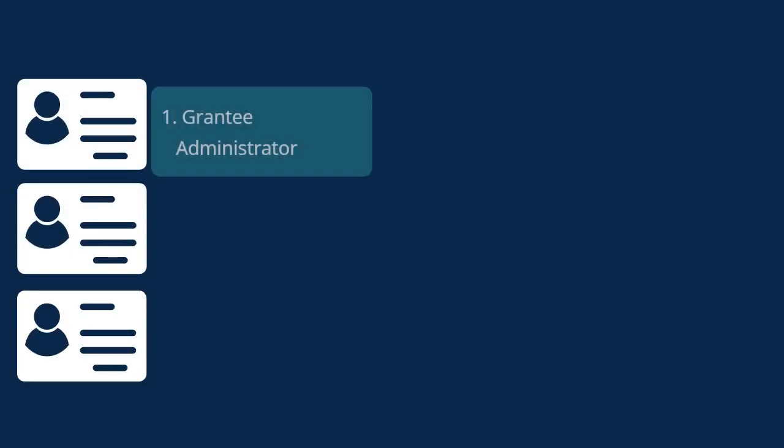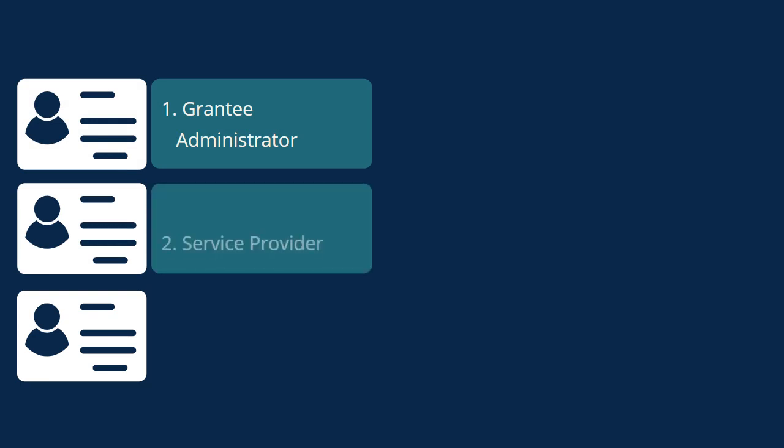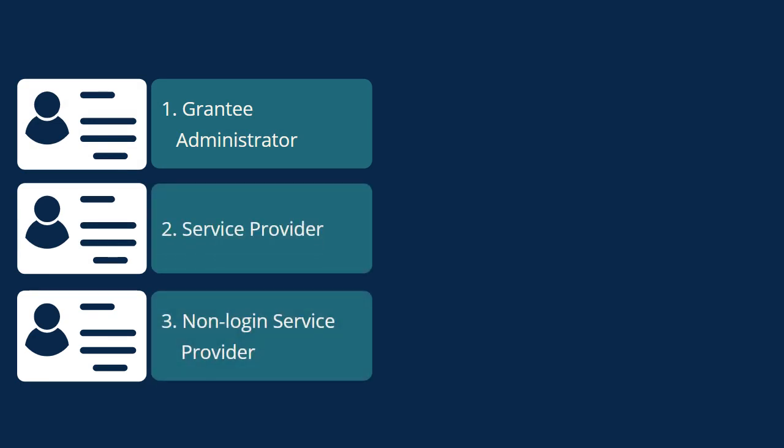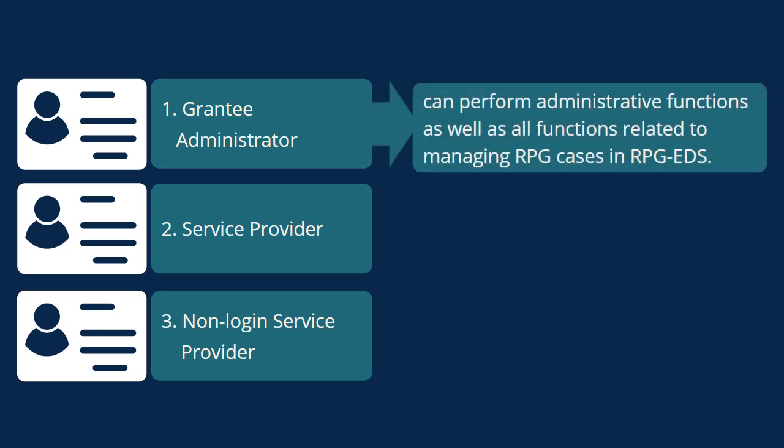There are three types of user accounts: Grantee Administrator, Service Provider, and Non-Login Service Provider. Grantee Administrator users can perform administrative functions as well as functions related to managing RPG cases in RPG Eds.